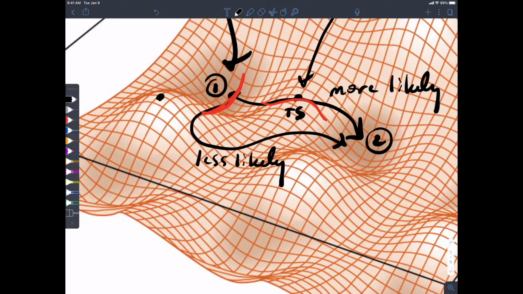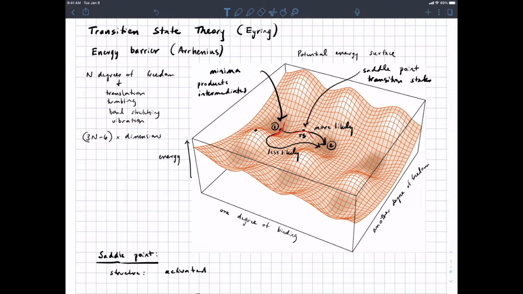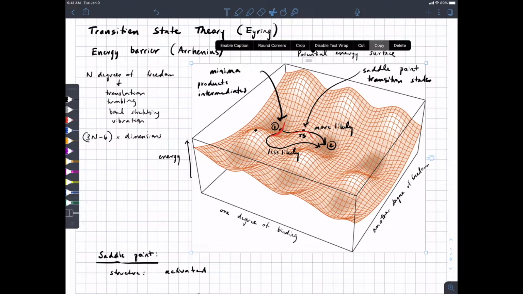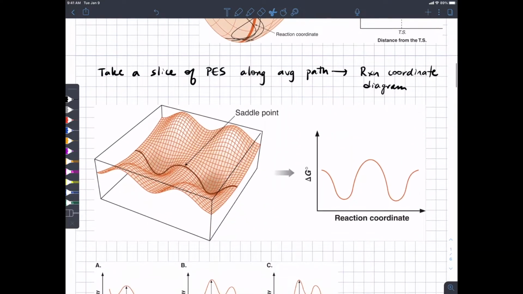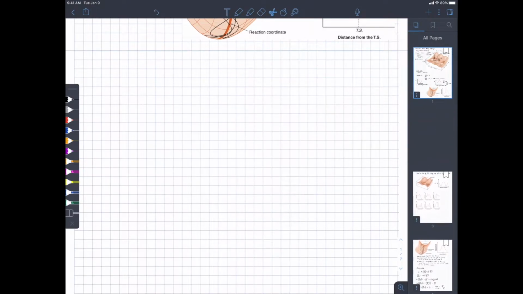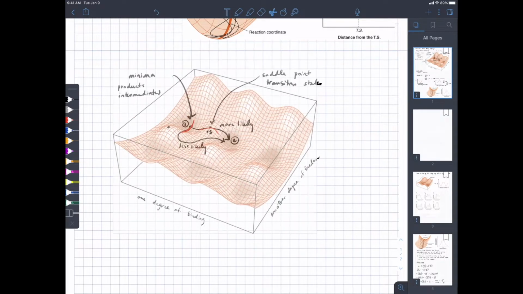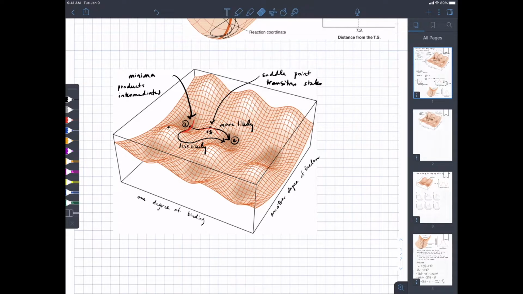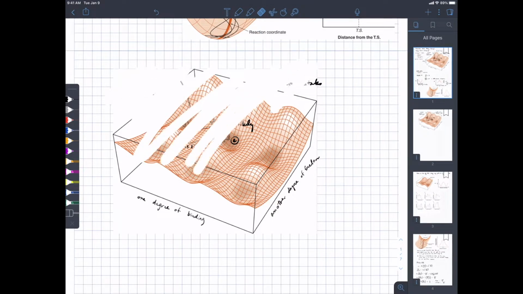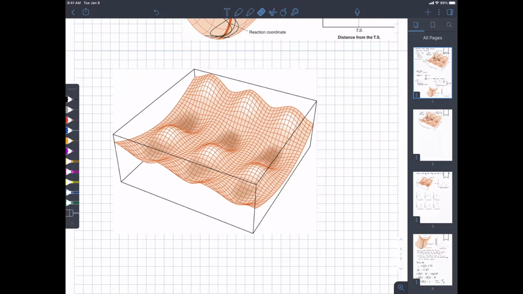So let's, shoot, I kind of want to copy this image and move it down so that we can erase some of the things, and maybe erase some of what I've written here, so that we can sort of zoom in on one of these saddle points.